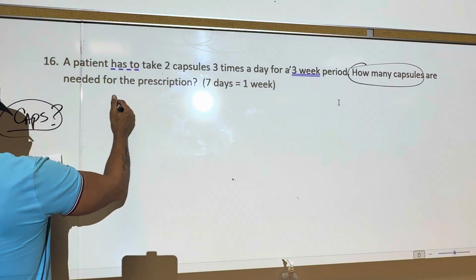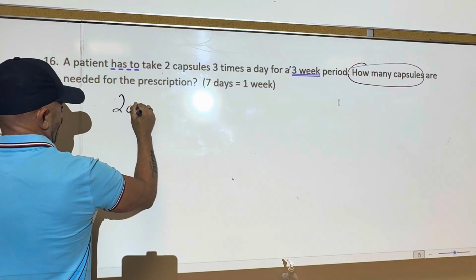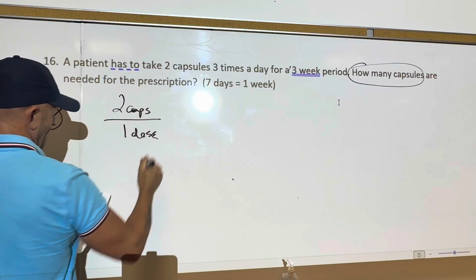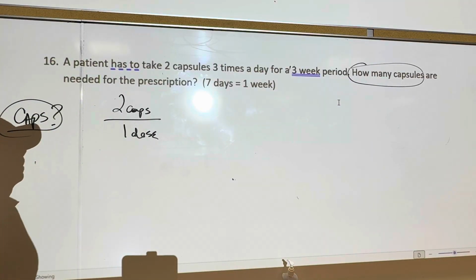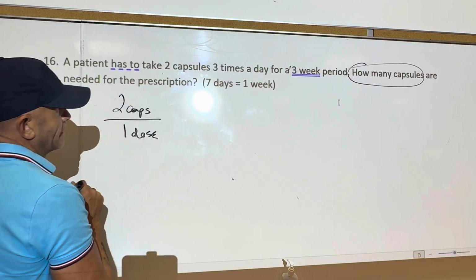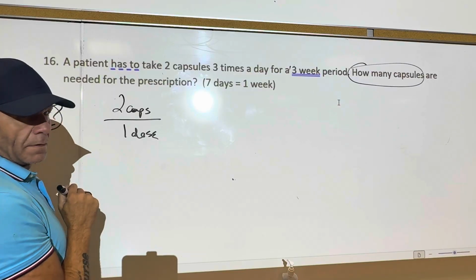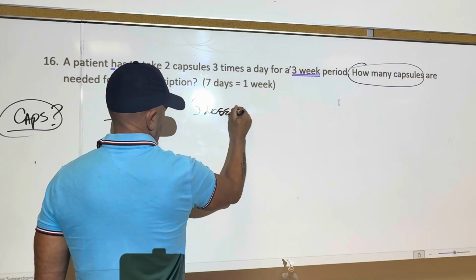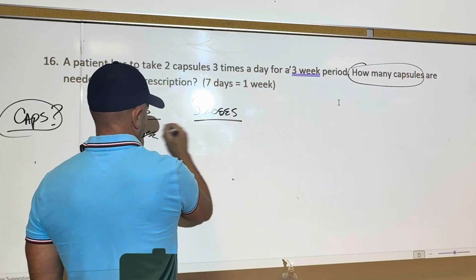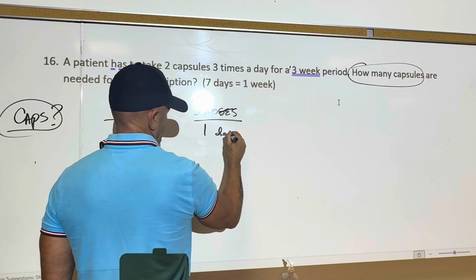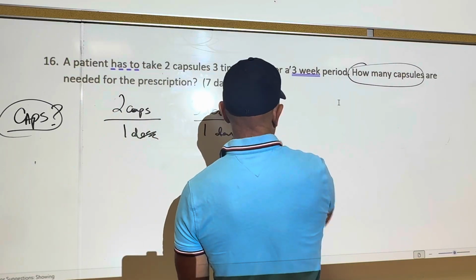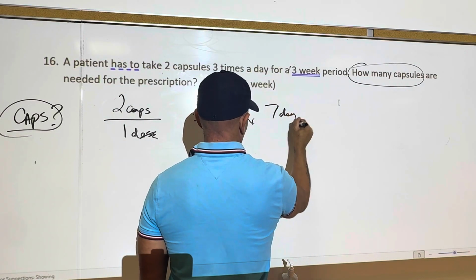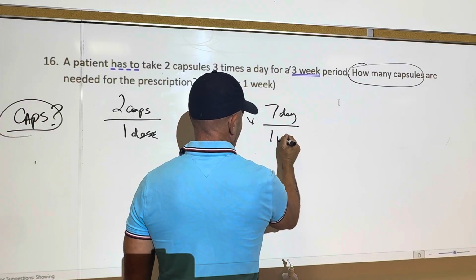Yeah, 2 capsules per 1 dose. Okay? Well, how many doses a day? 3 doses a day. Dose, remember? 1 day. Well, how many days is in a week? There's 7 days. I give you 7 days, remember, because days and days is in 1 week.